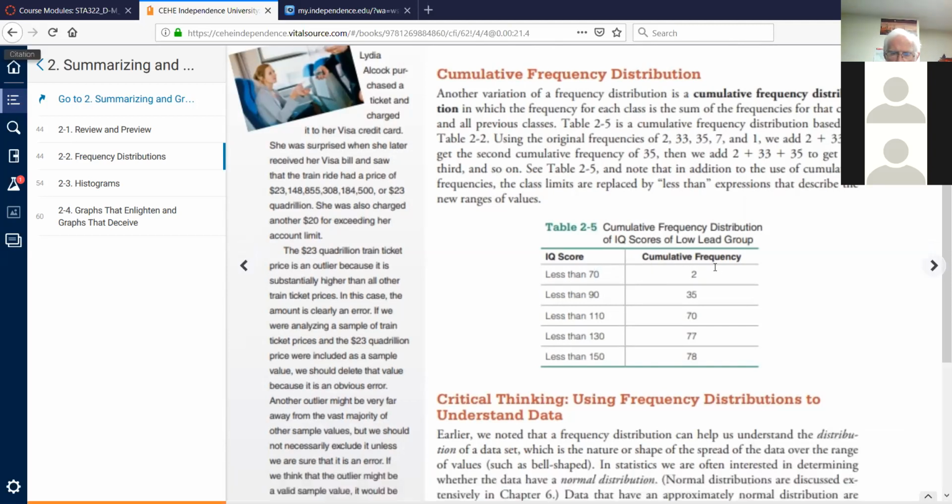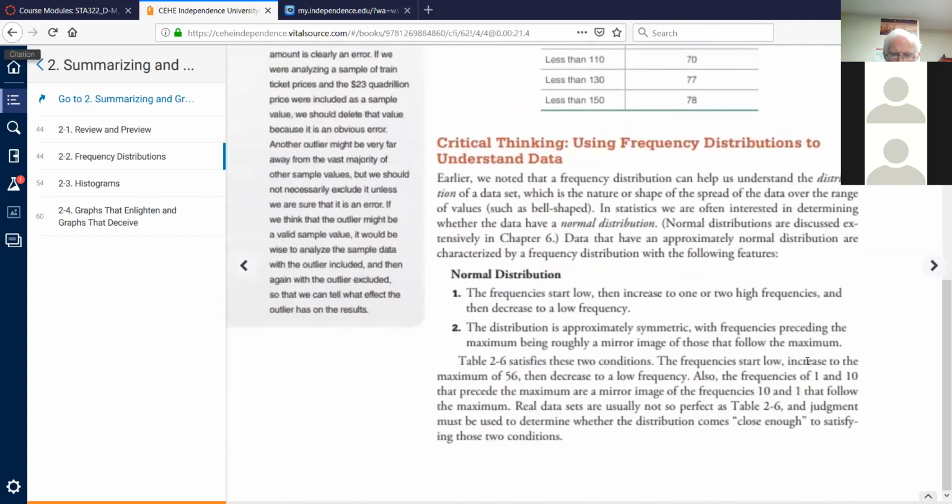In this case, of our 78, 2 had an IQ of less than 70, 70 had an IQ of less than 110, and of course all 78 had IQs of less than 150 because there was no one above 150. So the cumulative frequency ultimately adds up. The last number should be the total number of data points.